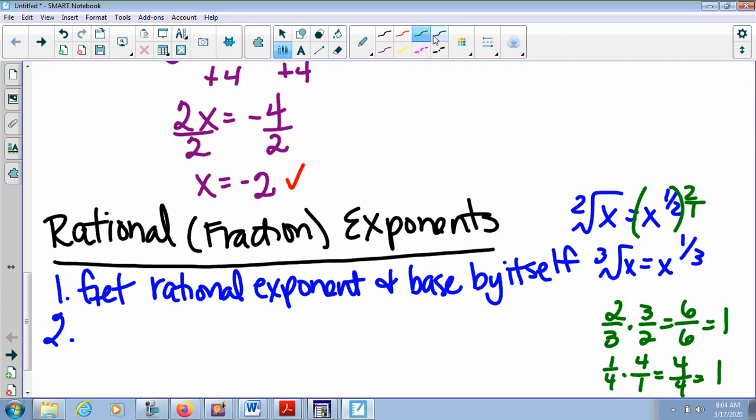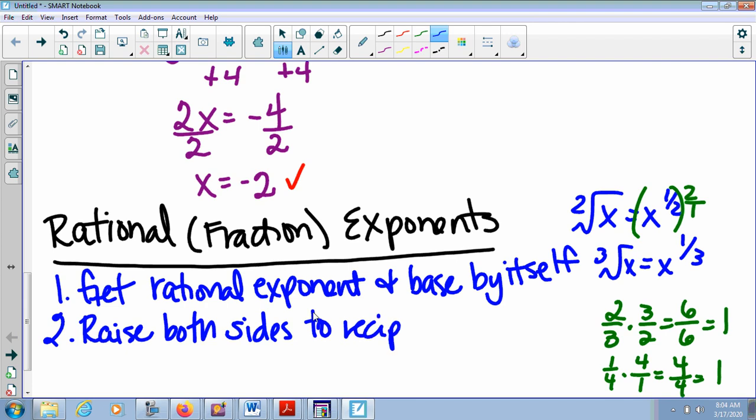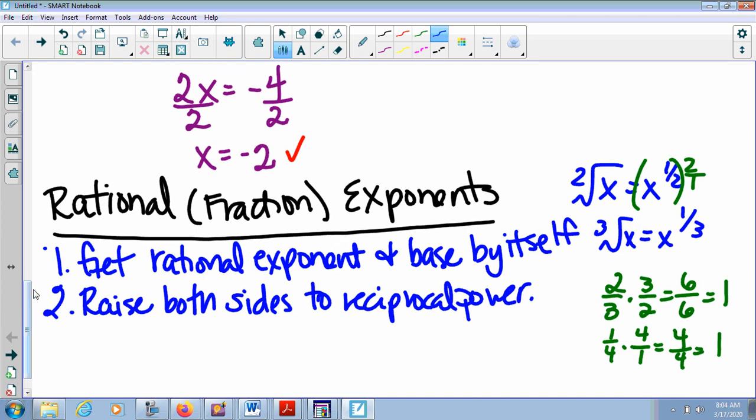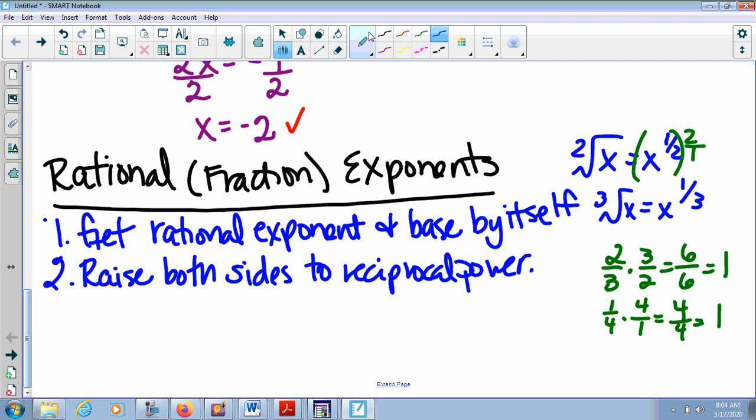So for us to get rid of these fraction exponents to solve our problem, we have to raise both sides to the reciprocal power. And you have to do that just so that exponent goes away and the variable is going to be all by itself. Okay? Alright, so we'll do a couple of these and I'll have you do one on your own.